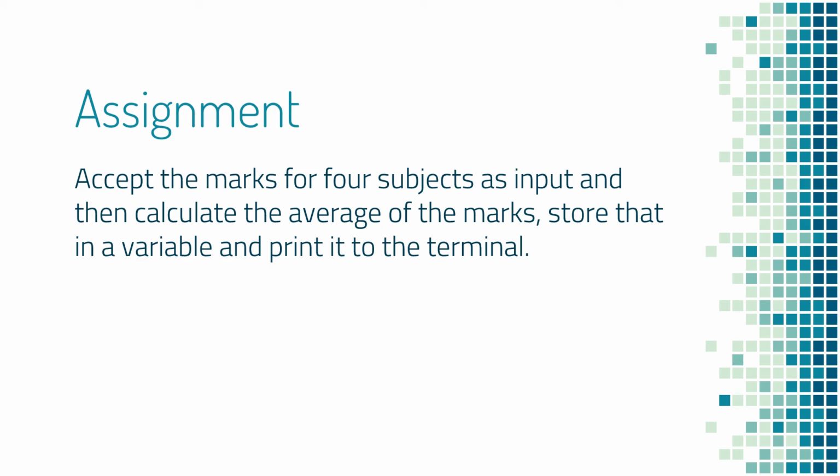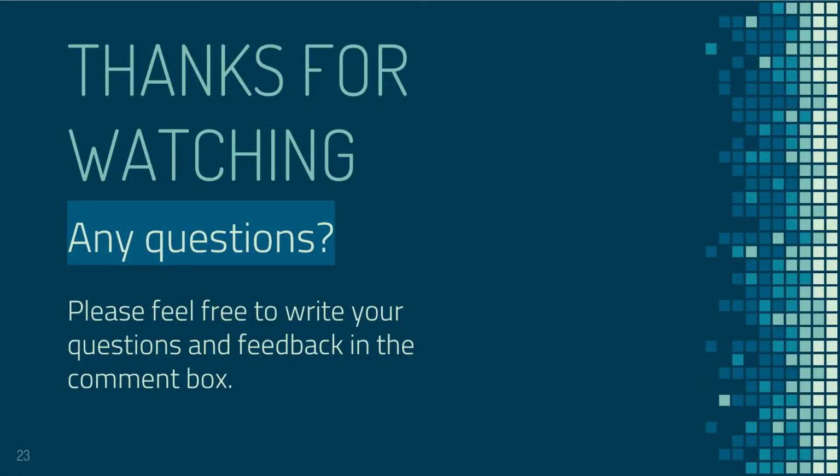If you didn't already know, we'll calculate the average by adding the marks of all the 4 subjects and dividing them by 4. And the division operator in Python is /. I hope you will be able to do this assignment. You will see the solution in the next video.